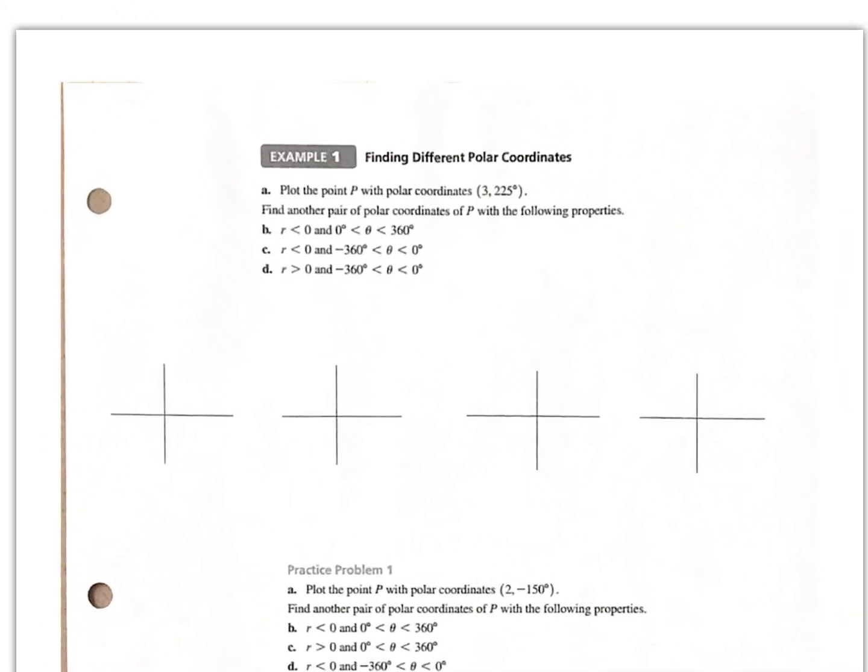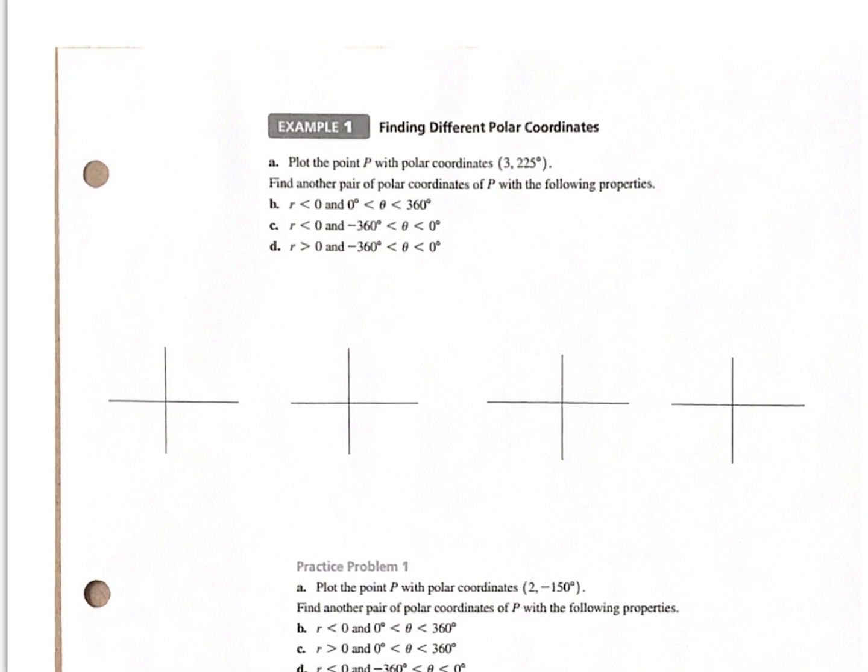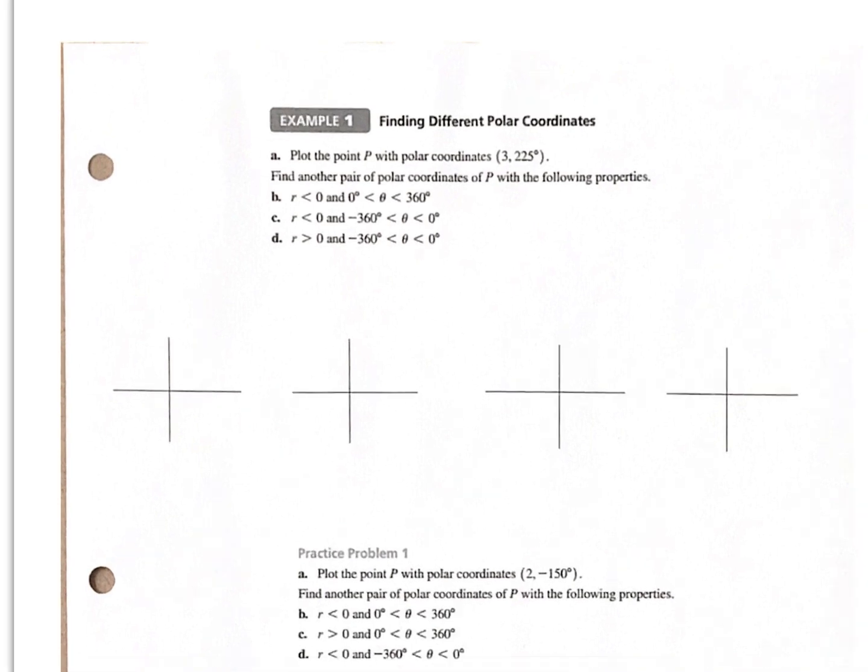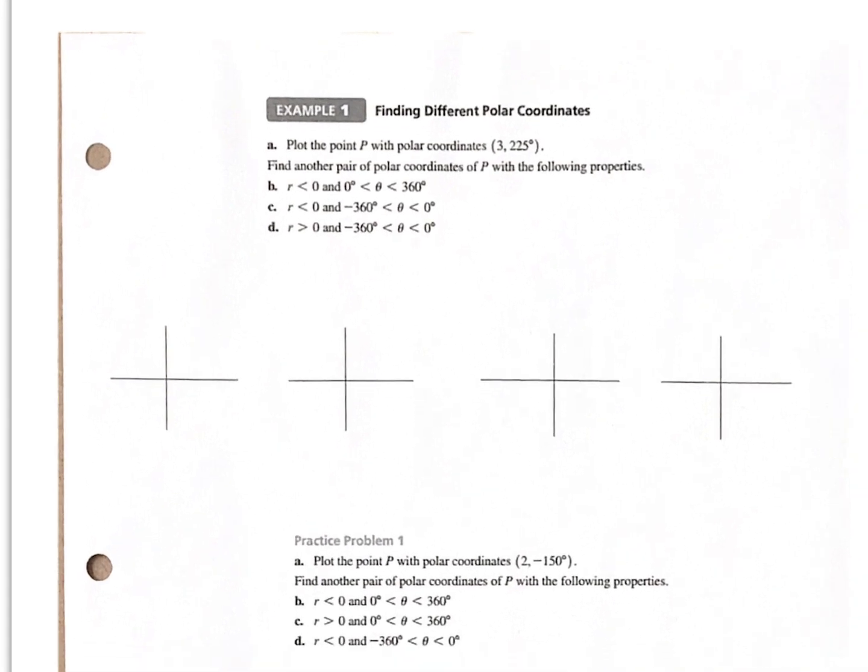So here, it says plot the point P with polar coordinates 3, 225. We don't have this drawn as the circle, the sonar screen, like Chris called it, but we can still draw this as you saw to begin with.